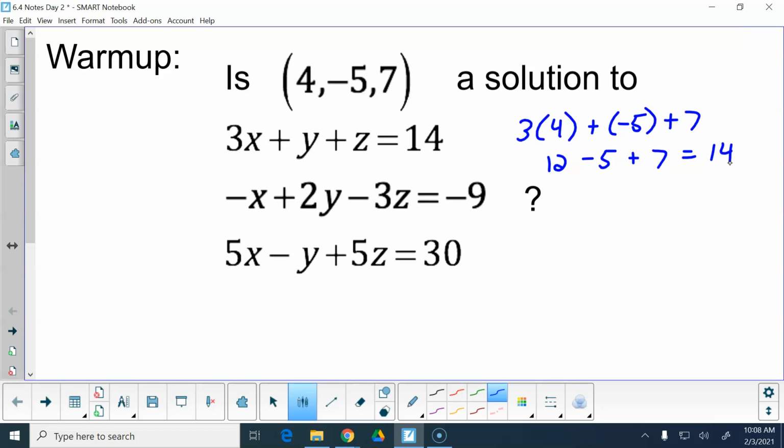Okay? So then the next one would be negative 4 plus 2 times negative 5 minus 3 times 7.